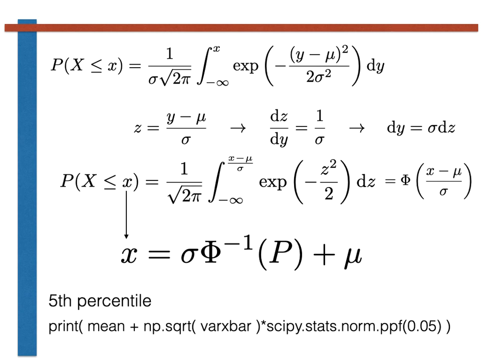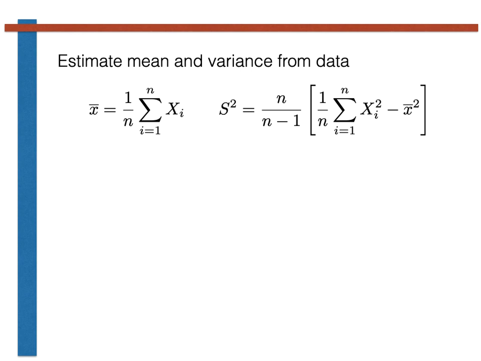To summarize then, we have introduced a cheap method for determining confidence limits on averages. To use this method, we estimate the sample mean and sample variance from our experimental results using the expressions shown here.